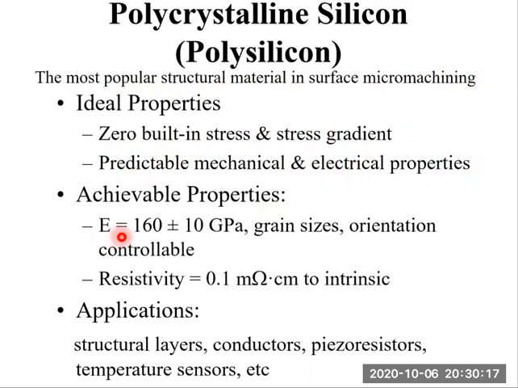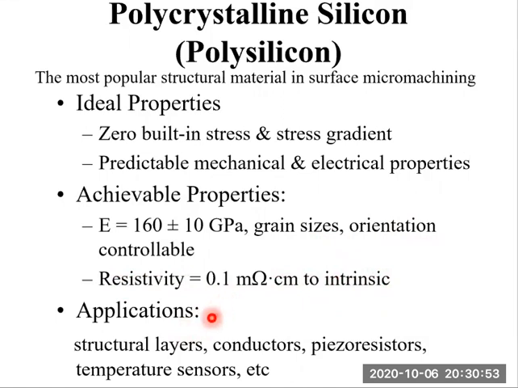Its Young's modulus is about 160 gigapascal, 160 plus minus 10 gigapascal. And its grain size and orientation can be controlled. Its electrical resistivity can range from 0.1 milliohm centimeter to intrinsic. Intrinsic polysilicon has a very high resistivity.